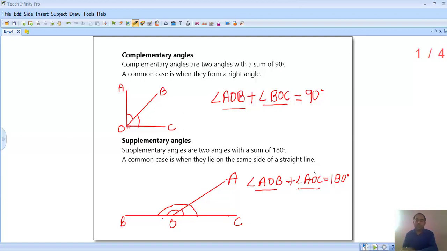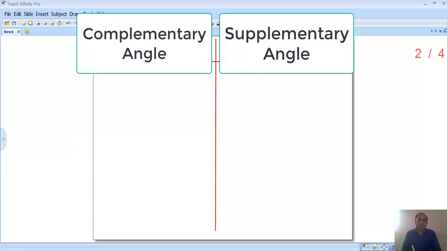Okay, now move on to the next slide. What have I told you? If two angles have been given to you and you are asked to check whether they are complementary or supplementary, you will check the sum.